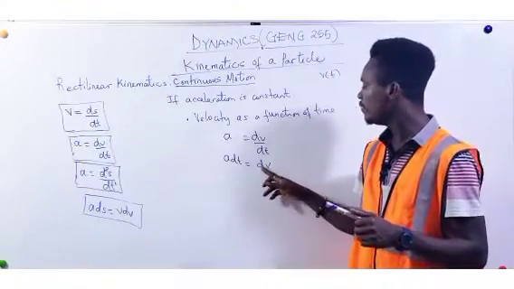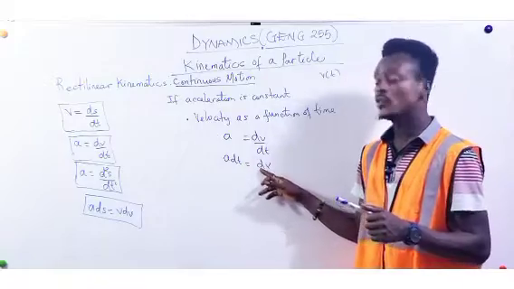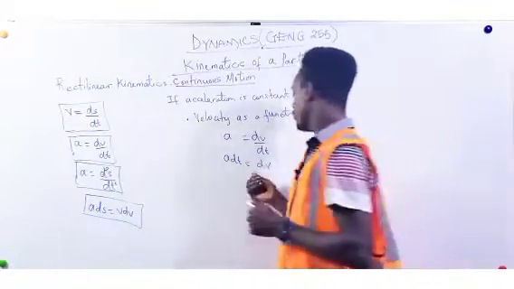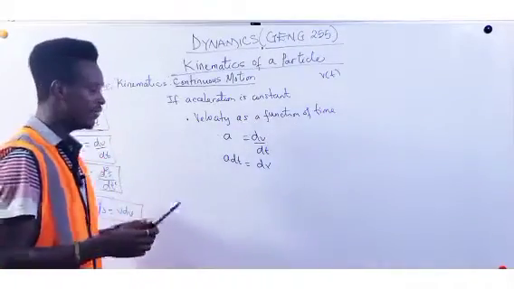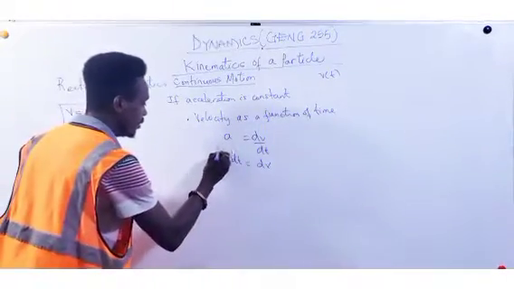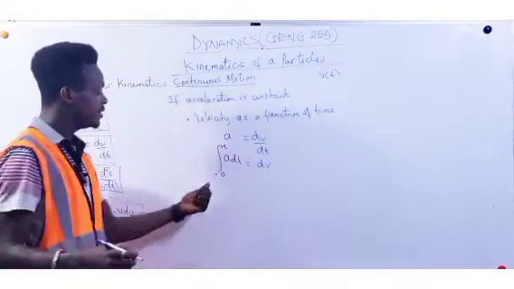In order to find v, we have to get rid of the variable of integration, which is d. To get rid of it, we integrate using a definite integral. So we integrate t on the interval from 0 to t.